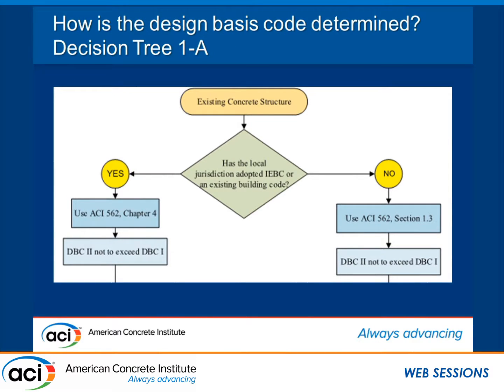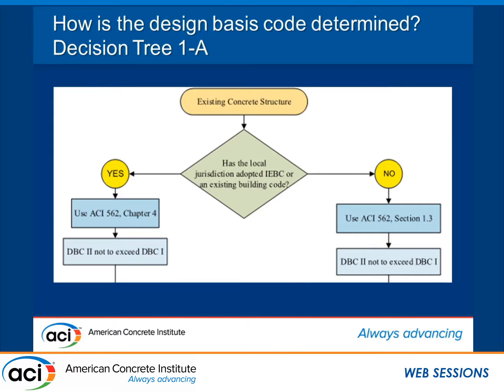So what we'd like to do in the future, and what you may find applicable even today, is to look and see how the design basis code is determined from a decision tree basis. So you start with an existing concrete structure, and I'll say structure, not just building, because you can apply this to a number of different structures.